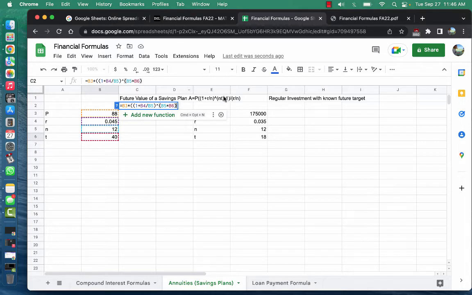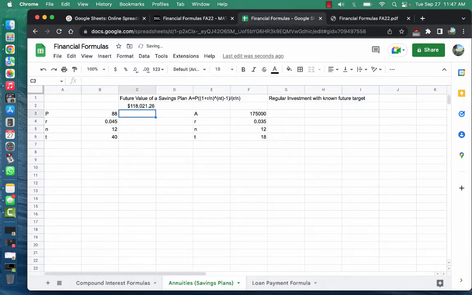Okay, I've made it to the exponent part. Then I've got to do the minus 1 and then a right parenthesis. And then I've got to divide, and do another parenthesis, rate divided by N, right parenthesis, enter.